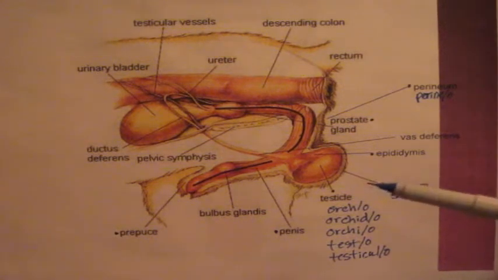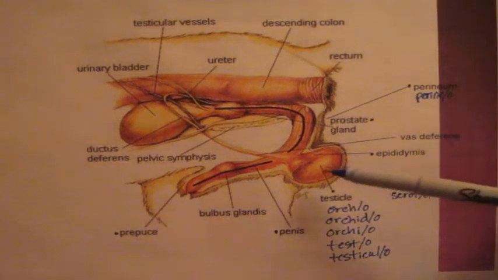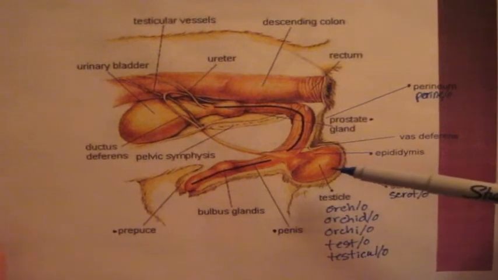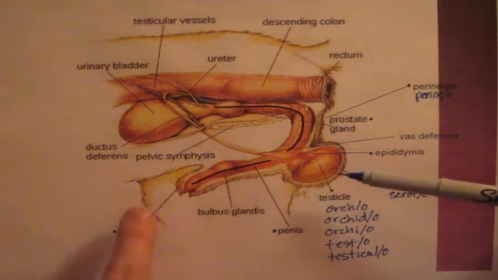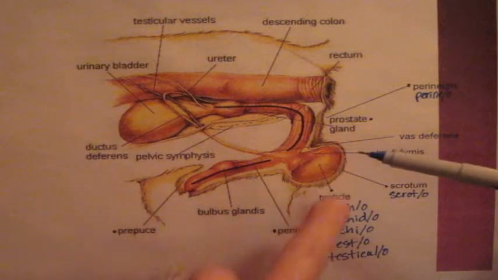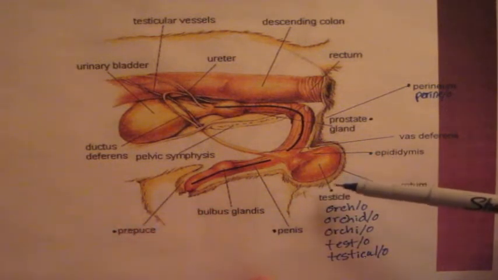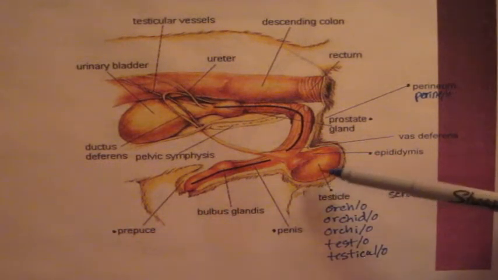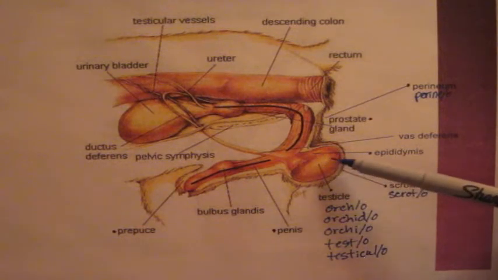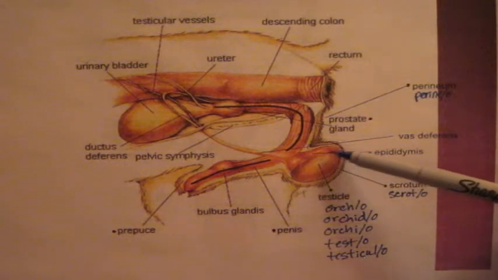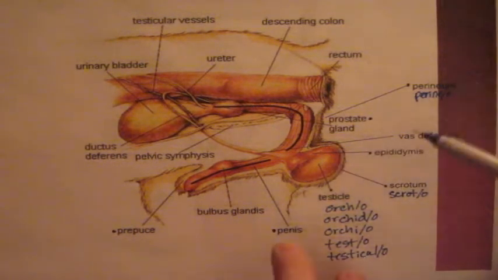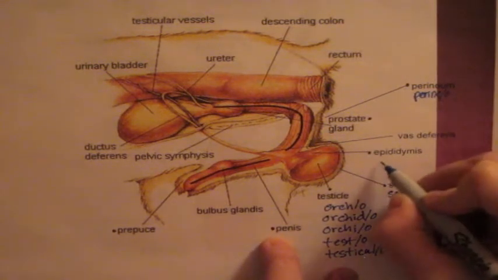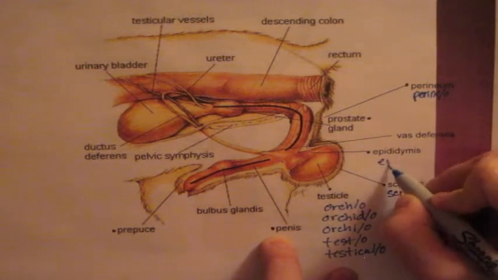So, how exactly do we get sperm from point A to point B, which is out through the animal? We start here in the testicle where it is formed and made, and then it moves and matures into the epididymis. The epididymis has a combining form, also epididymo.